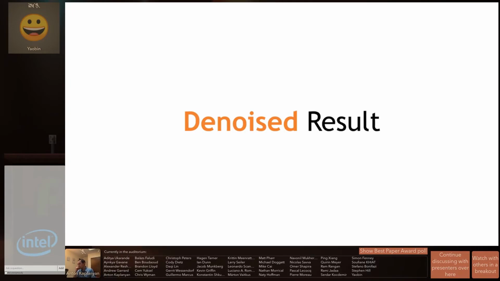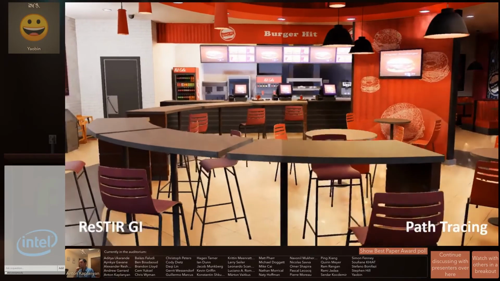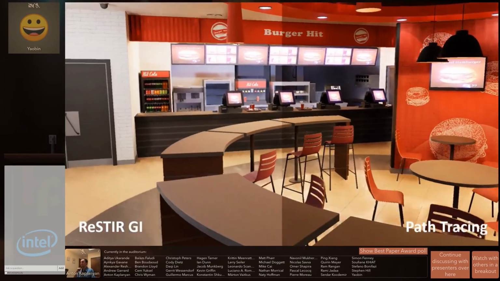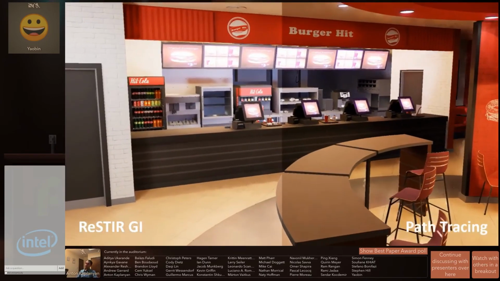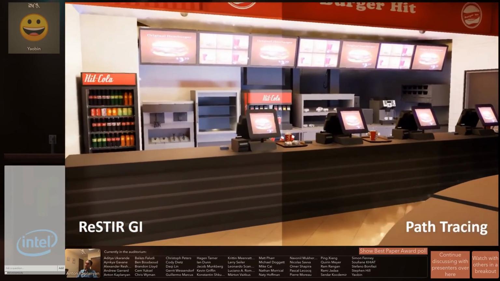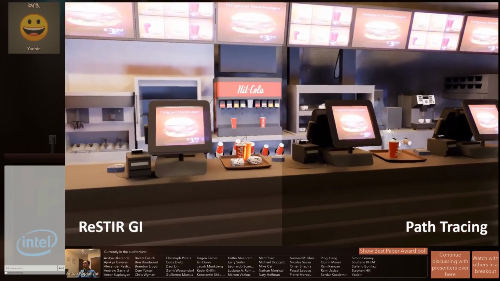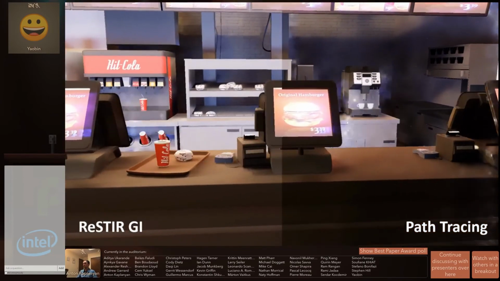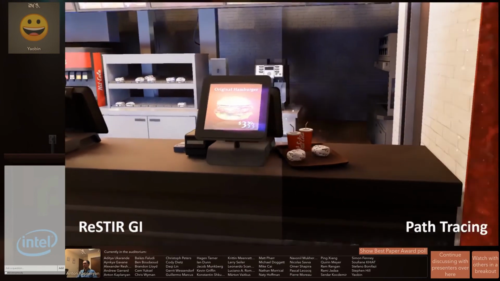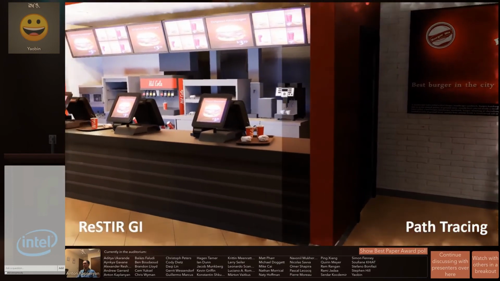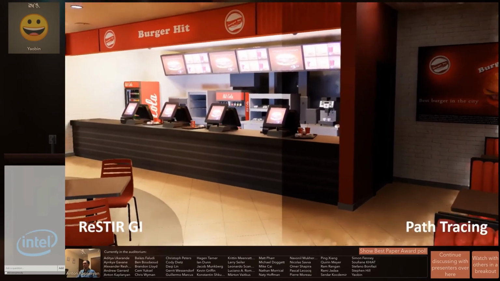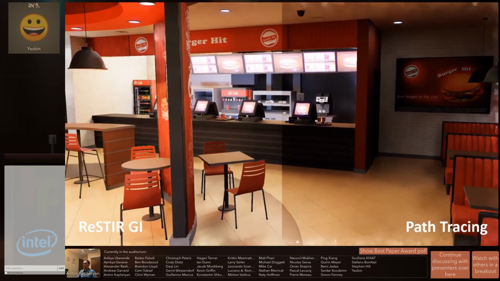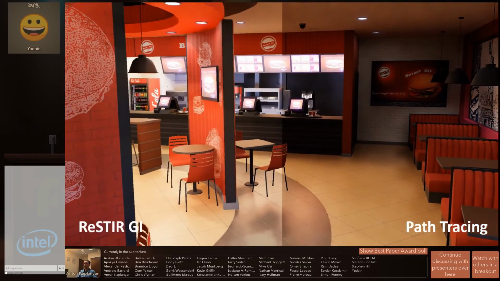Let's see the denoised result. First, we can see some bright spots in the path tracing results, especially in the disocclusion areas. Second, the path tracing denoised result is darker, indicating that it's biased. This is because the denoiser has to clamp the super bright input samples to improve stability, causing energy loss.